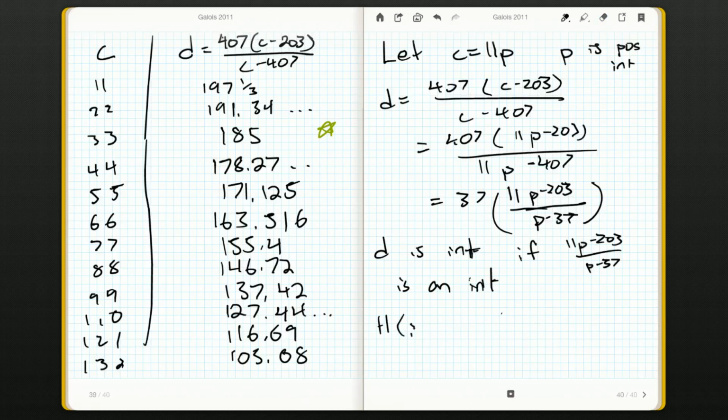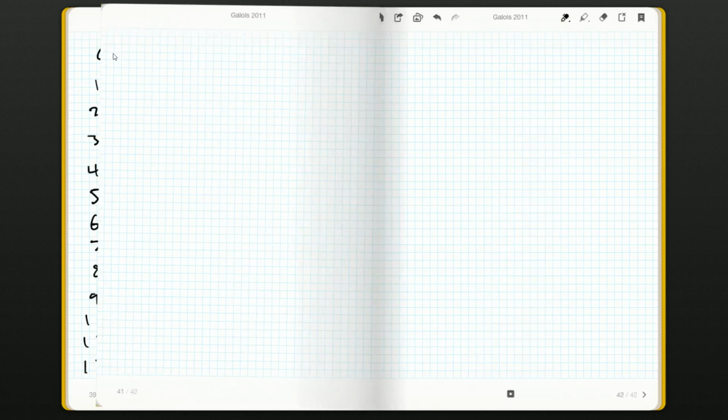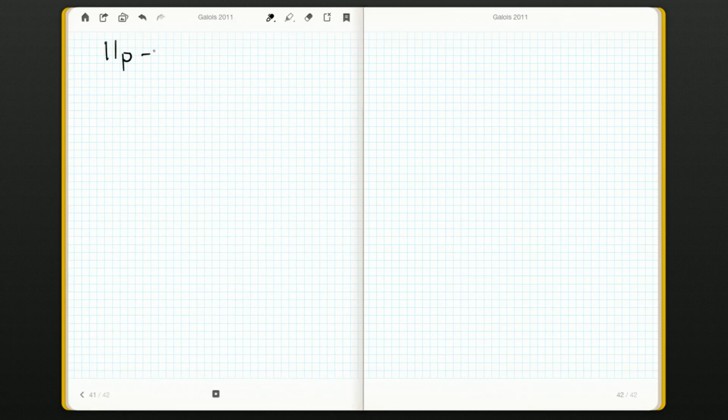So 11 times p minus 37 is 11p minus 407. Now, how far off of the one we want is that? Well, the 11p's are going to cancel out, and it's negative 407 minus 203, so that's going to be negative 204. Okay. So if I rearrange this, I can say that the one that I want, which is 11p minus 203, is 11 times p minus 37 plus 204.